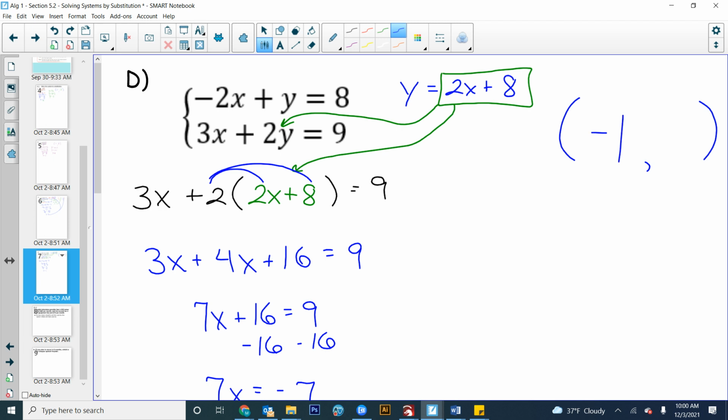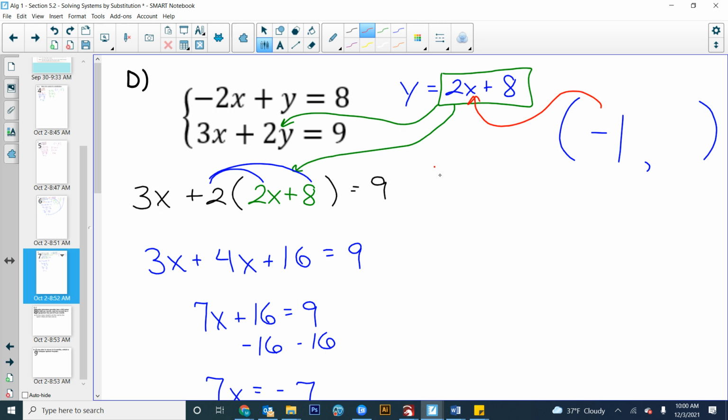I think it's cross. Negative 1 is the x value. If it would have been the y, we would have put it in the y spot. Where do we plug it in, Sabrina? In for x right there, because this is the easiest one to solve for.